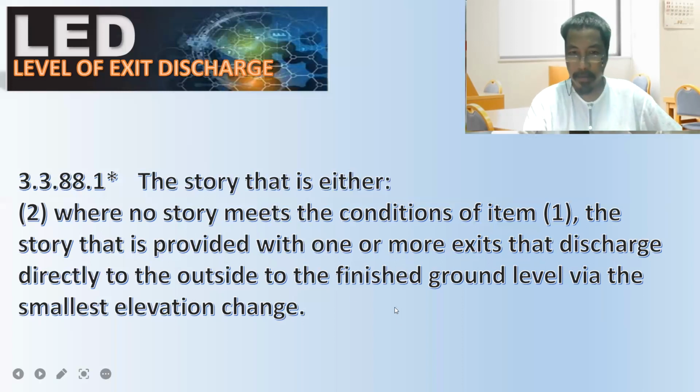Finished ground level outside has the smallest elevation change. Why? Because it has the easiest way out from the building. That's why we can consider it as a level of exit discharge.